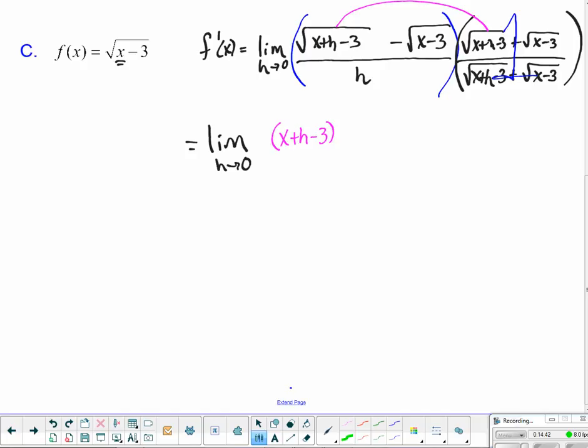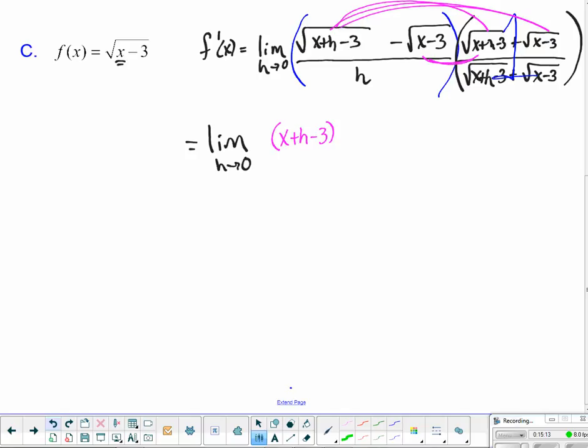My inners and my outers will be exactly the same term. I think I missed my mark there. Let me go back and grab first times first. That gave me x plus h minus 3. And now I want to do my inners and my outers. So here is the outer, here is the inner.